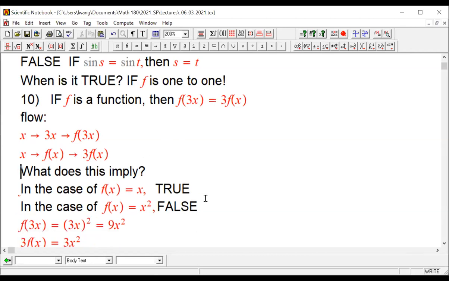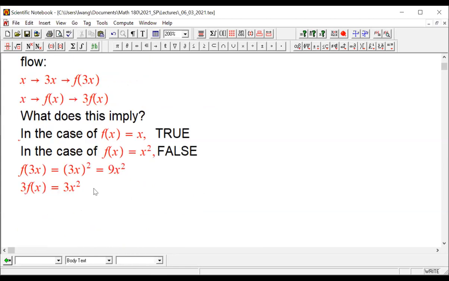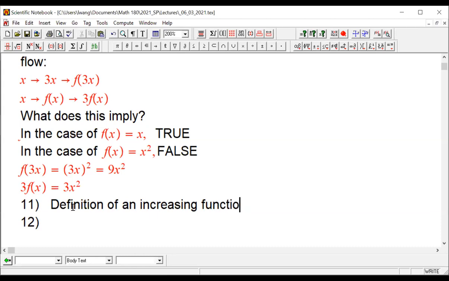All right. And of course you can go on with many examples. Number 11, number 12, those are definitions of an increasing function or a decreasing function. So those are true, because those are definitions. You're going to learn that again.